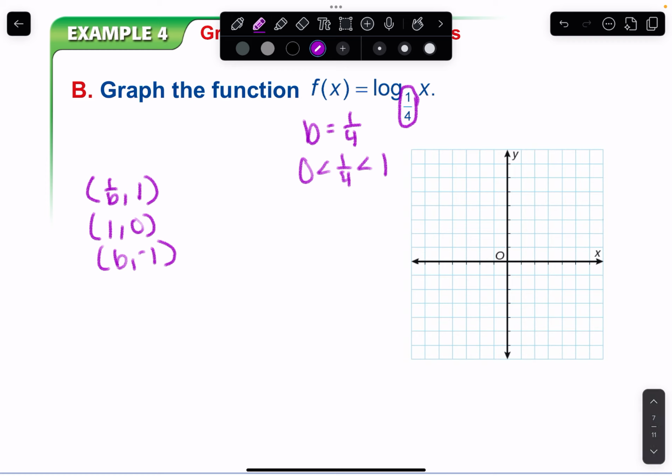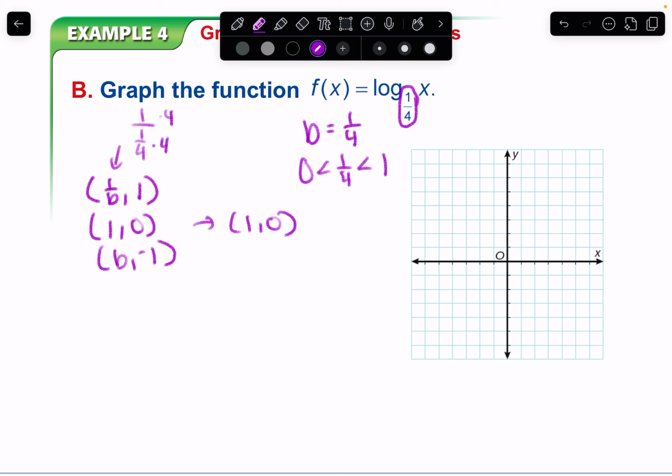Okay, so you're plugging your 1/4 into this. So for the 1, 0, it's just going to stay 1, 0, there's no b in this. As far as your 1 over 1/4, I have a fraction divided by a fraction, so I'm really going to end up multiplying, and this would become 4, -1.